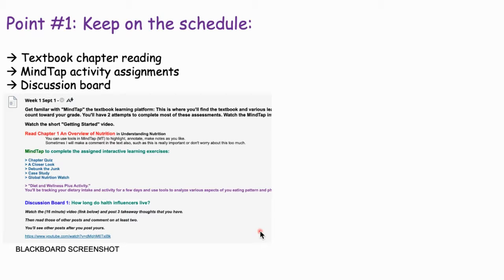Most of the time, you will put your post before seeing others, and then you'll be able to see the other posts. And most of the time, I ask you to read one or two and drop a comment, just to keep this class active, so that you have others in the class along with you going through this material.